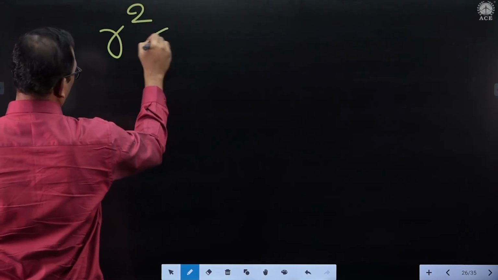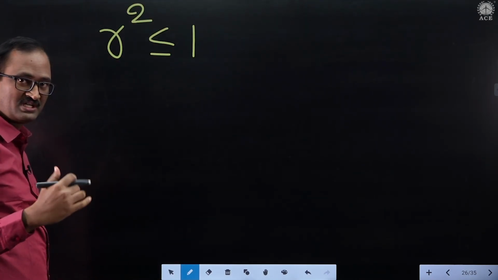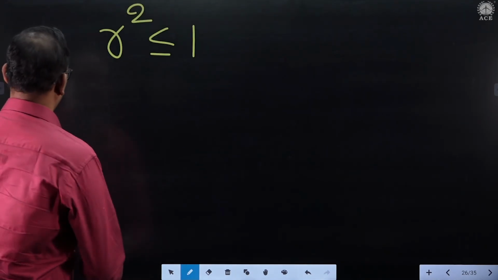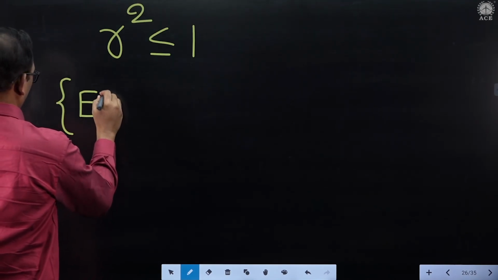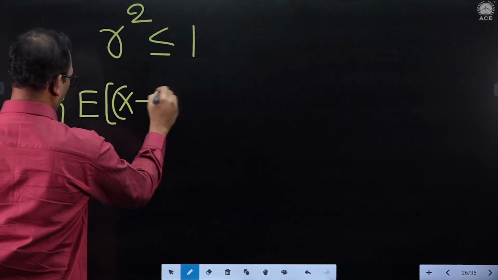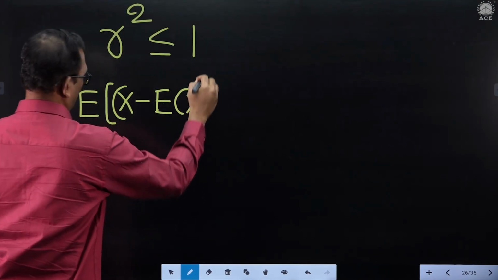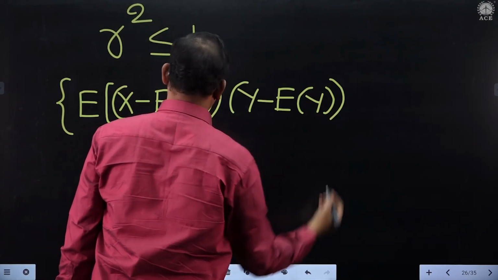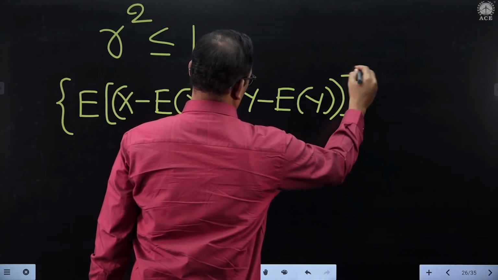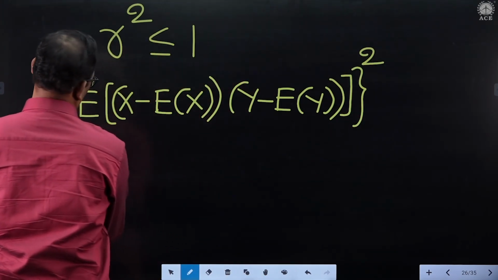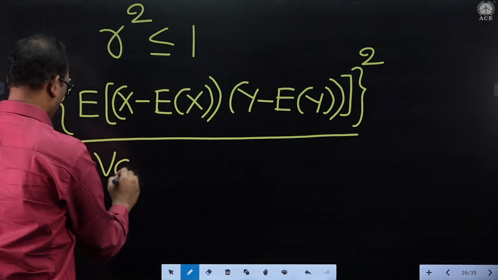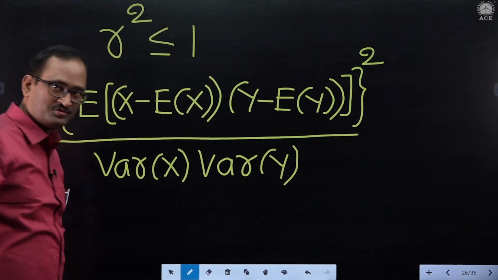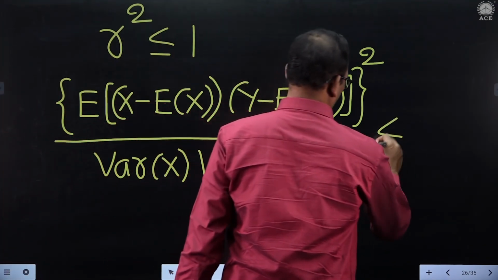What is r square value? This whole function, expected value of (x minus expected value of x)(y minus expected value of y) whole square, divided by variance of x into variance of y, is less than or equal to 1.